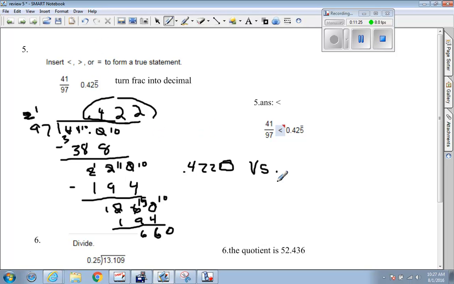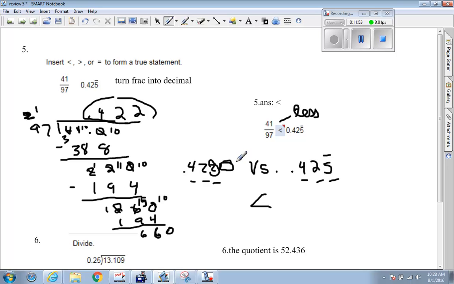What I'm getting at is tenths, the same. Hundredths, the same. When you get to the thousandths spot, this number here is already smaller than this number. So guess what? Less than. That's why the answer is less than.